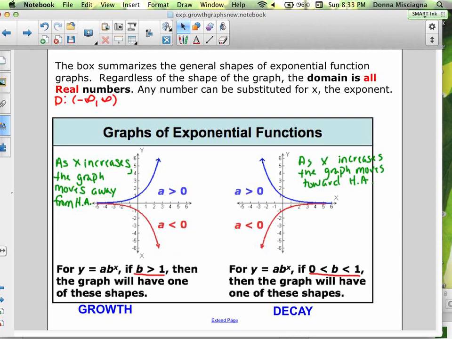For y equals ab to the x, if b is greater than 1, then these graphs will have one of these 2 shapes. The blue graph is if the starting value a is greater than 0. Let's just put that in your notes here, that a equals starting value, just to remind you.